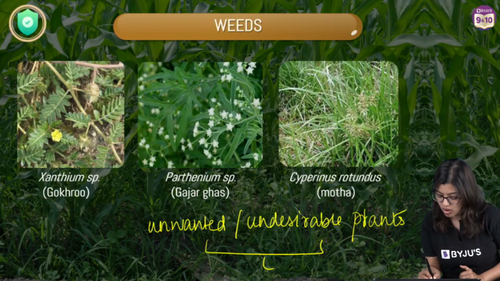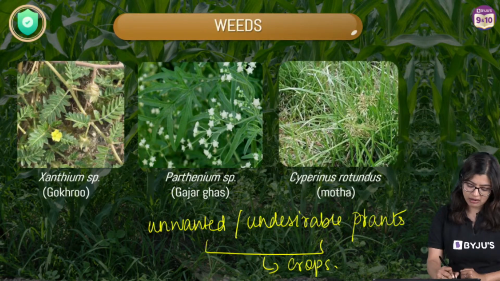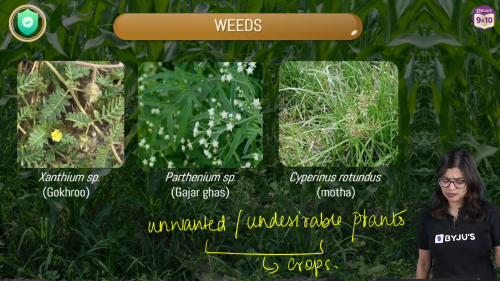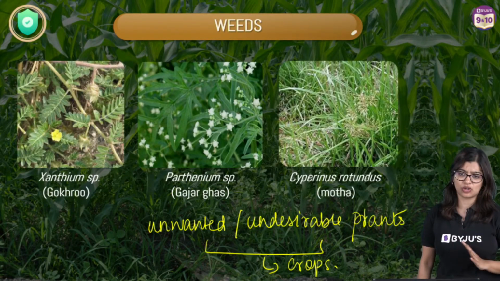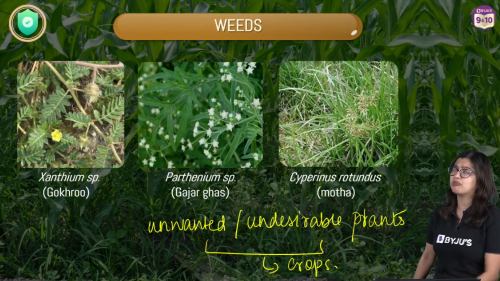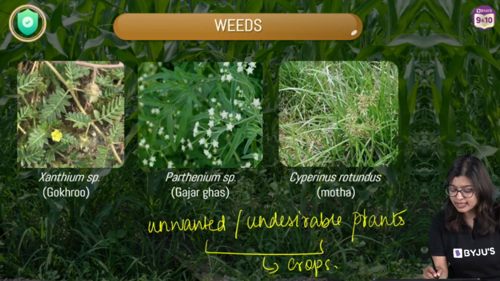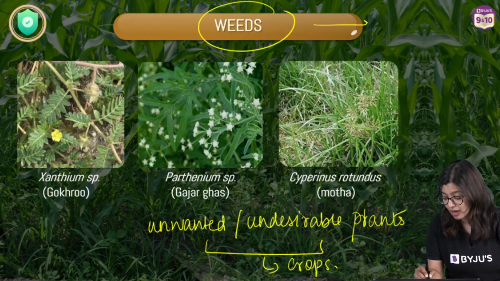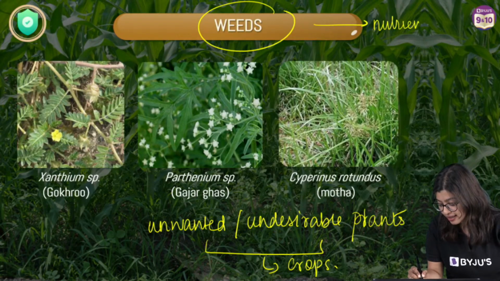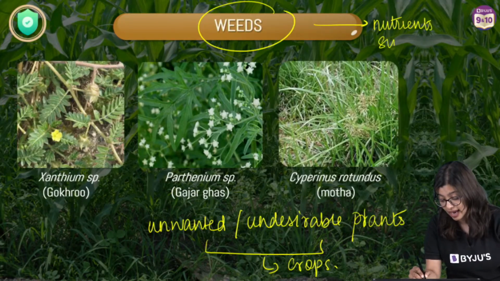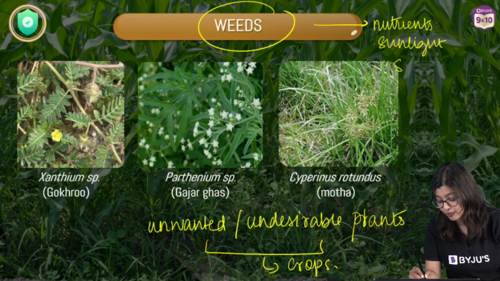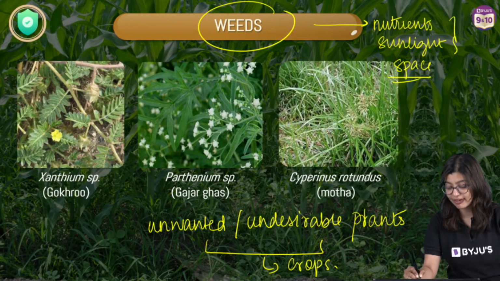Xanthium, Parthenium, Cyperus, they're all examples of the same. These weeds end up competing for nutrients, for sunlight, and they also compete for space, and thereby affect your crops.